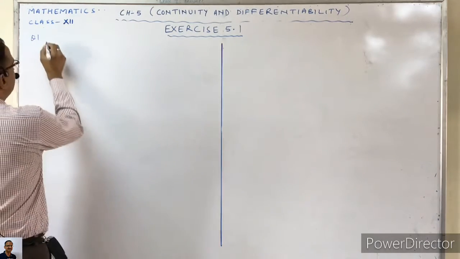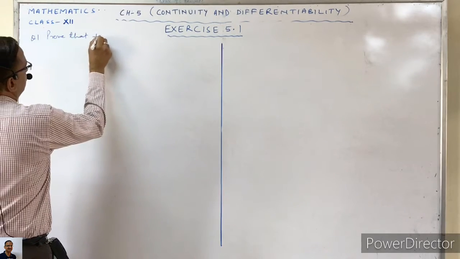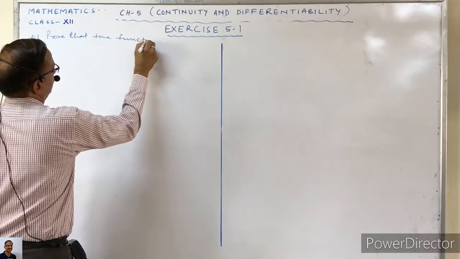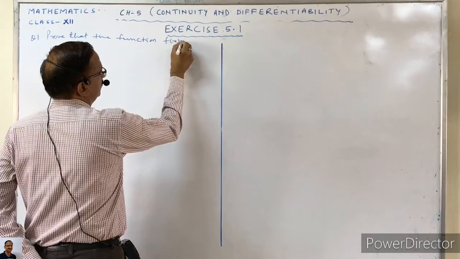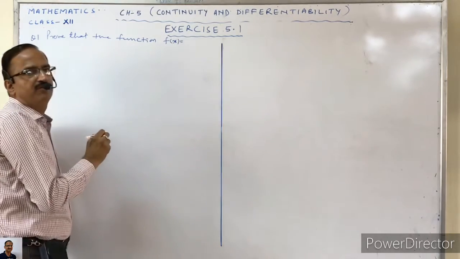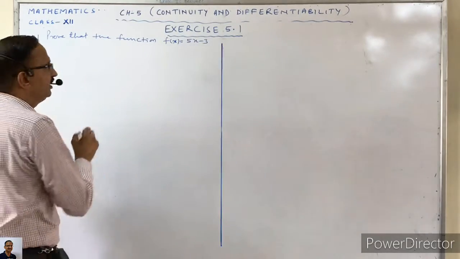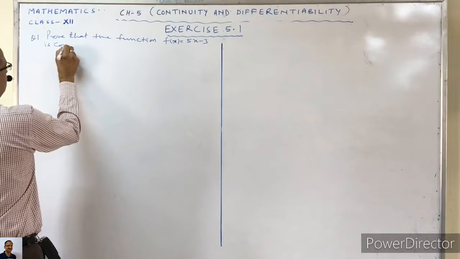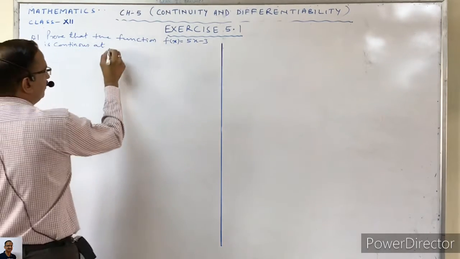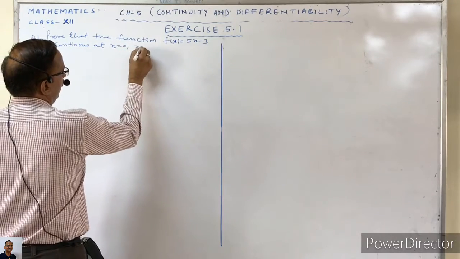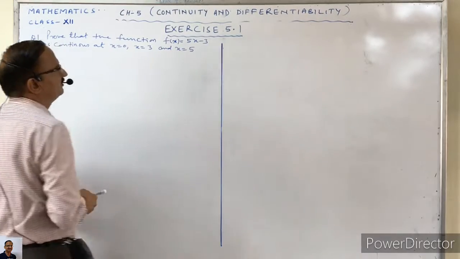Prove that the function f(x) equals 5x minus 3 is continuous at x equal to 0, x equal to 3 and x equal to 5.